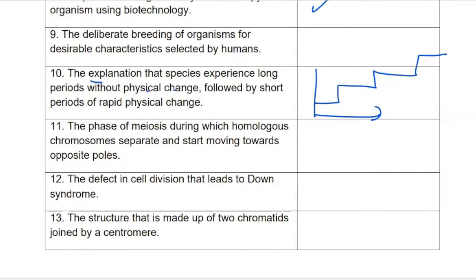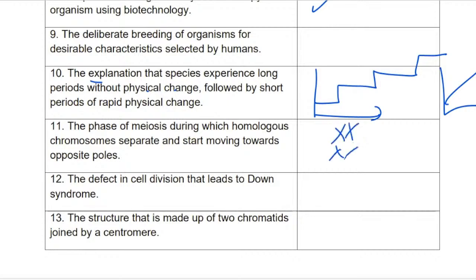We call it punctuated equilibrium. So if they bring two graphs and one is like that and one is like the ladder, then you just know the steps. That is called punctuated equilibrium.